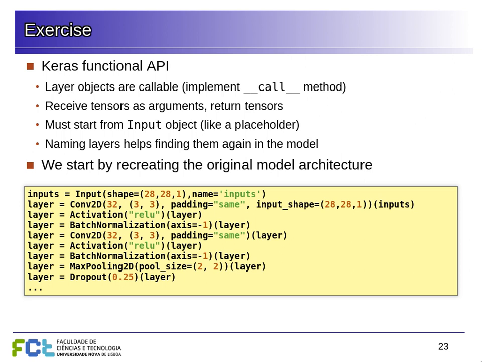What we need to do here, different from the sequential model too, is we need to start from this input object, which is similar to the placeholders that we used in TensorFlow. So this is the starting point, the starting tensor. We get this tensor and we feed into the layers, and we create a chain of layers by using each object as a function, giving it the input tensor and receiving the output tensor.